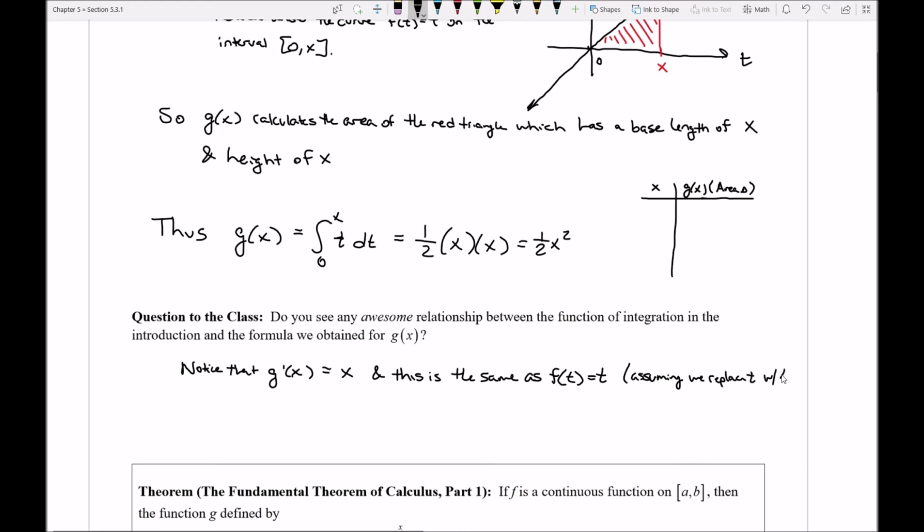But these are the same exact looking function. It's just equals x, and this is just equals t. It's a letter difference, but they have the same basic shape.